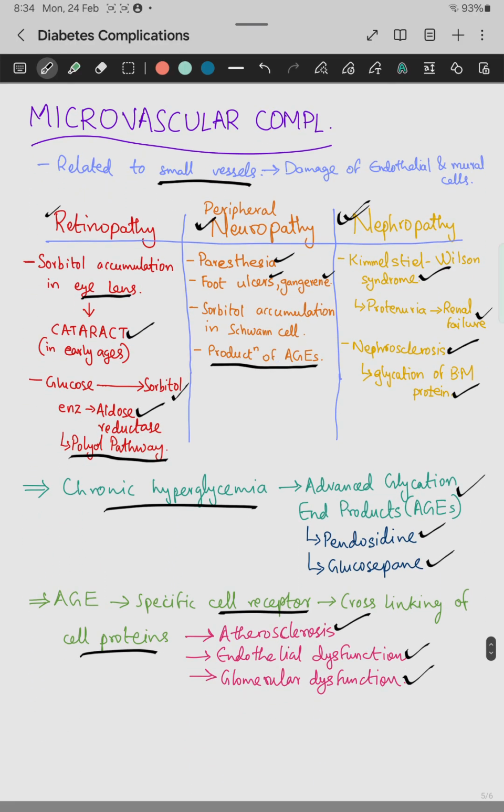Advanced glycation end products are due to chronic hyperglycemia, and these bind to specific cell receptors and cause cross-linking of cell proteins, resulting in atherosclerosis, endothelial dysfunction, and glomerular dysfunction. Now nephropathy, it's called Kimmelstiel-Wilson syndrome. Renal failure is seen, and glycation of basement membrane protein causes nephrosclerosis.